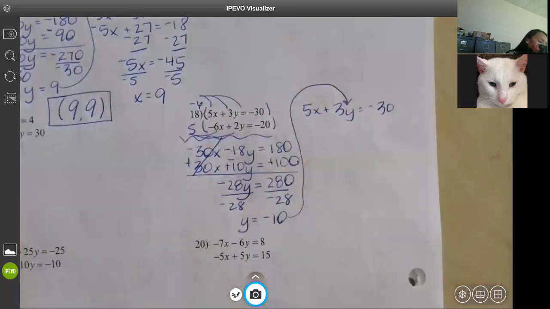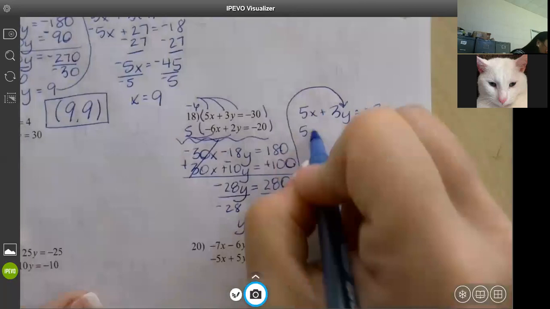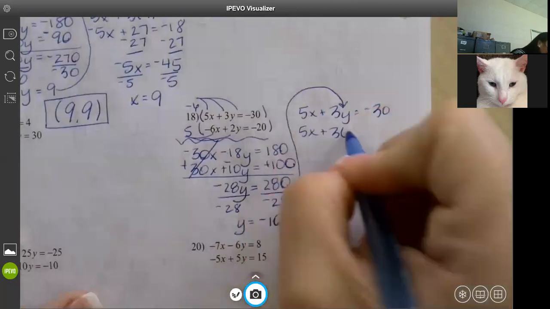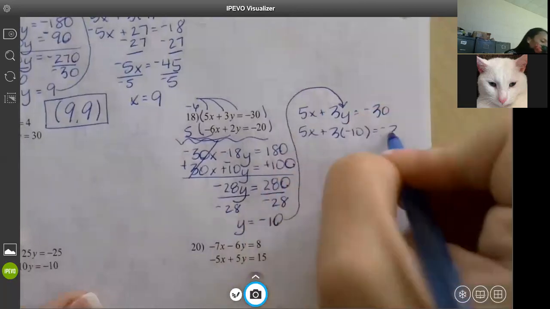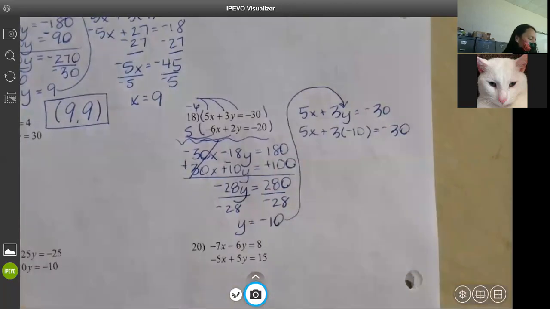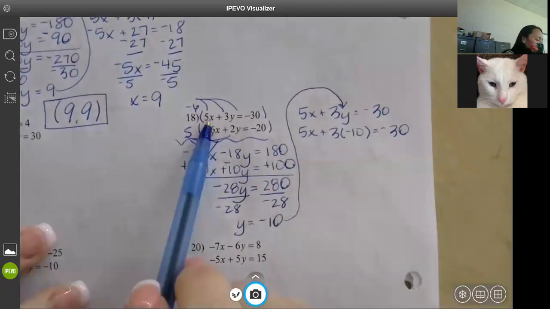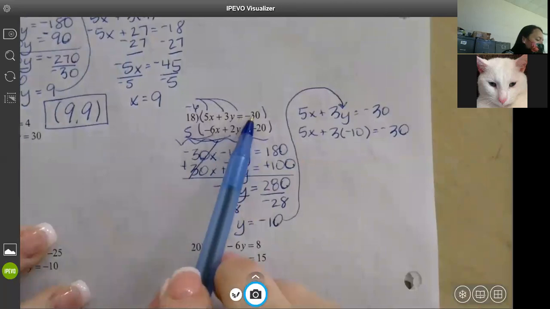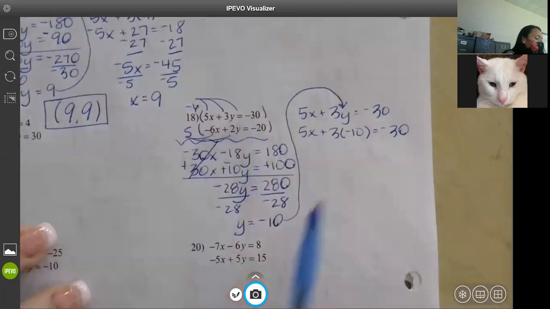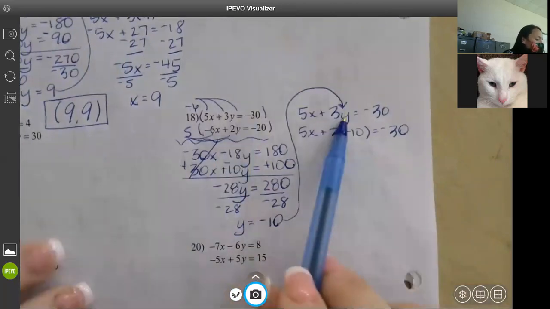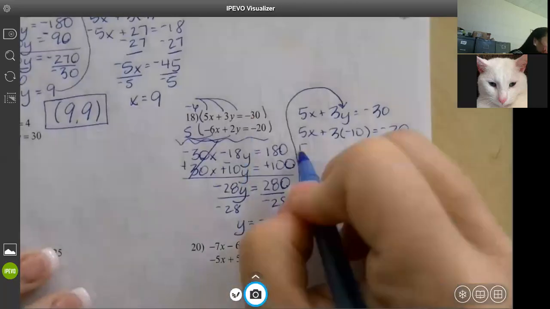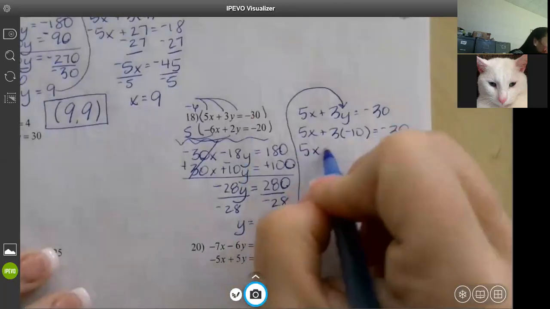So we're going to replace y with negative 10. You're going to use this equation, 5x plus 3y equals negative 30. When you put in your negative 10, 3 times negative 10 is negative 30.